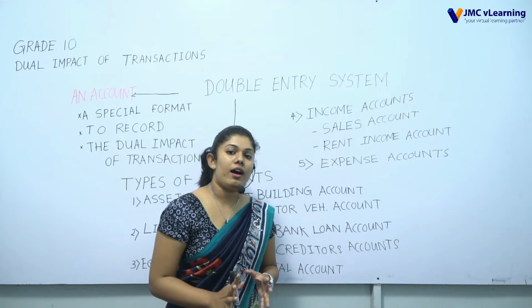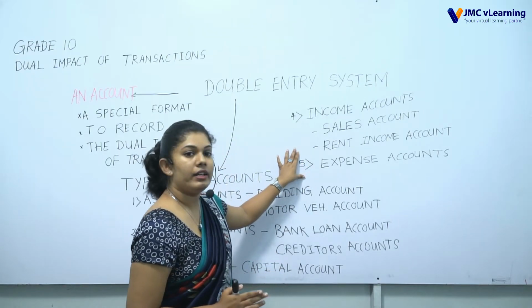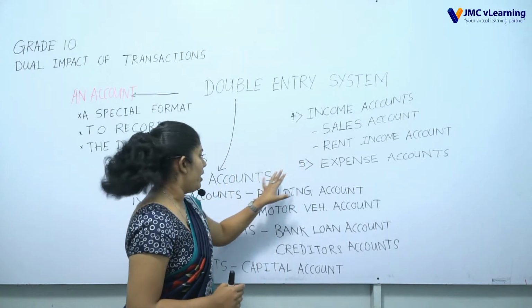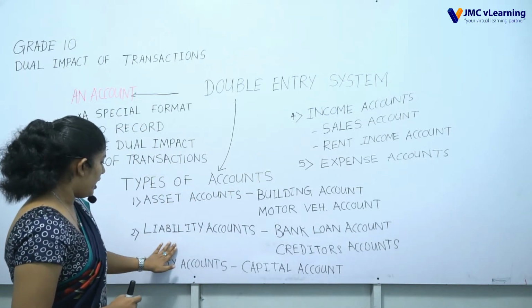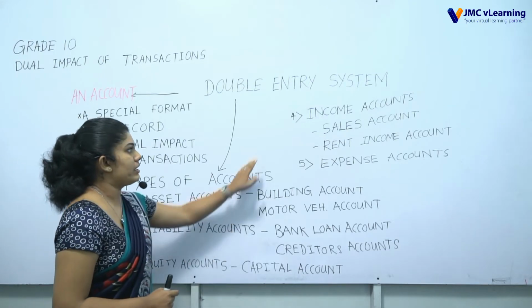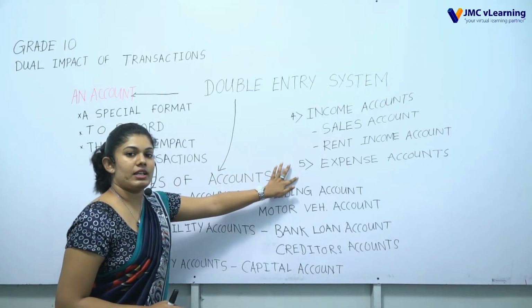Those all come under expense account. Now, there are 5 types of accounts: asset accounts, liability accounts, equity accounts, income accounts, expense accounts.